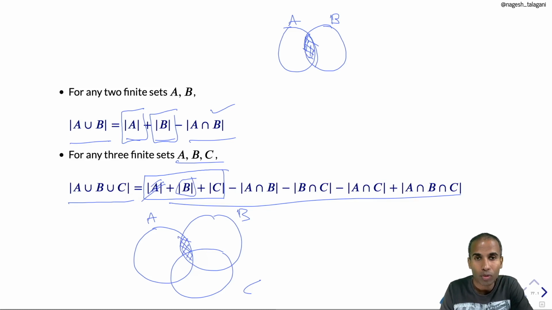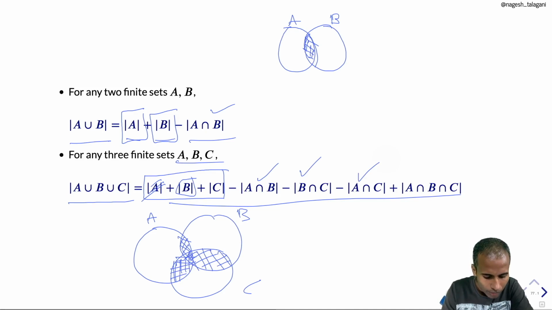This got included twice. So we need to exclude once. We did that. Again, this intersection part is included once in B, also once in C. They got included twice, so we exclude once. Similarly, with this A intersection C part, this got included once in A, once in C. They got included twice, so we need to exclude once.